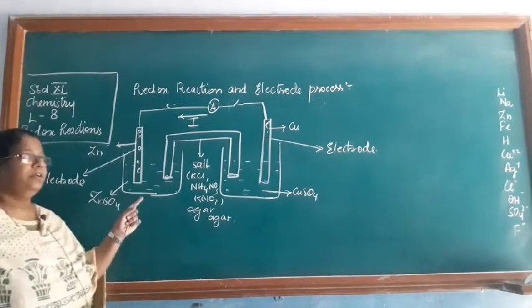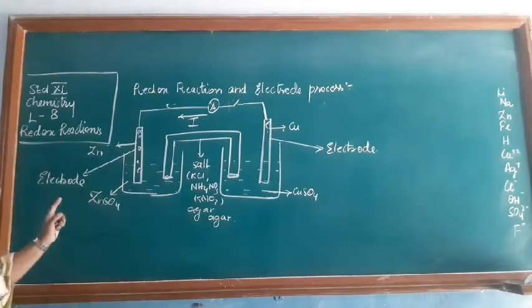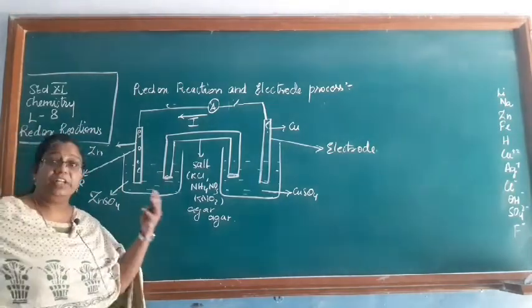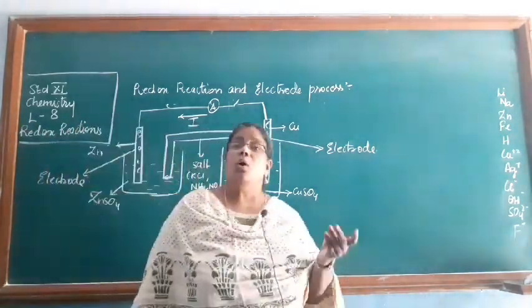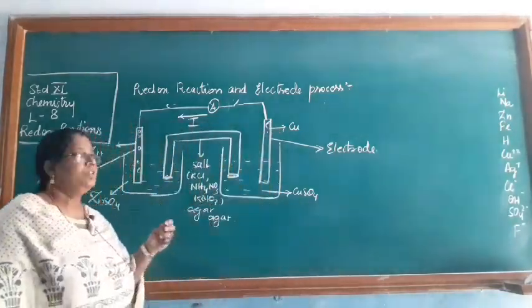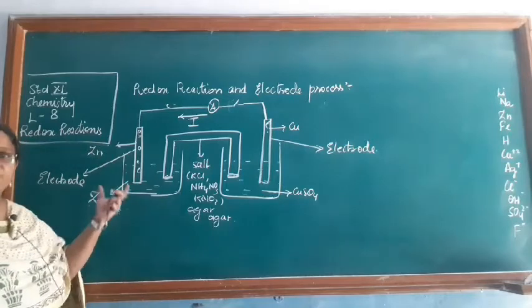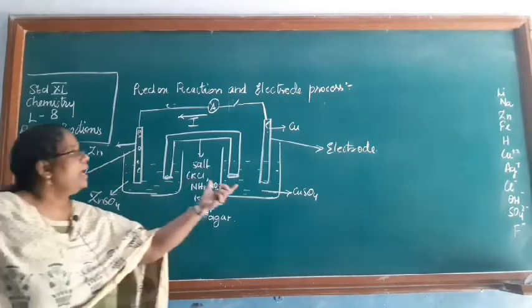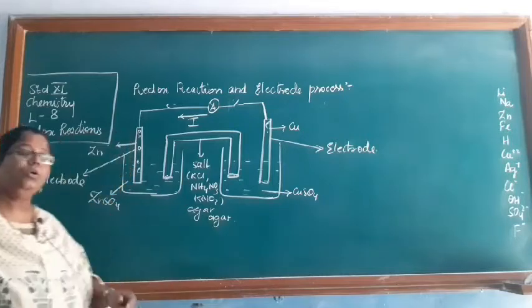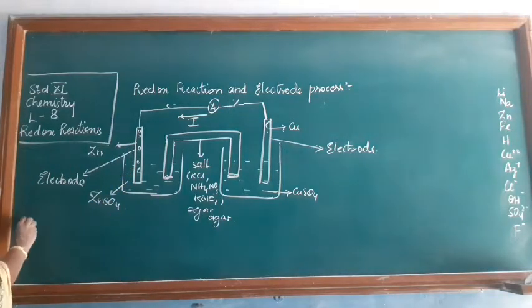Now, the flow of electric current is possible only if a potential difference is created, isn't it? So this particular electrode will have an electrode potential and this particular electrode will have another electrode potential, okay. Now, what is electrode potential?